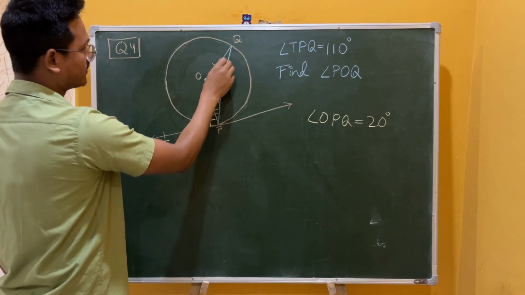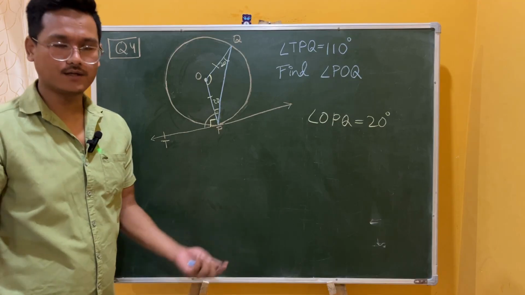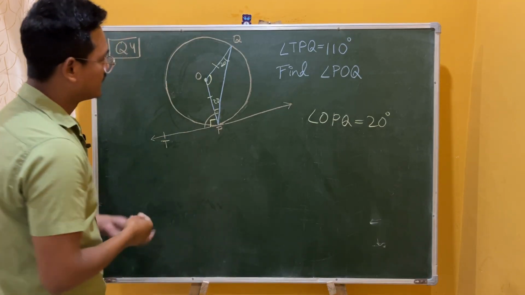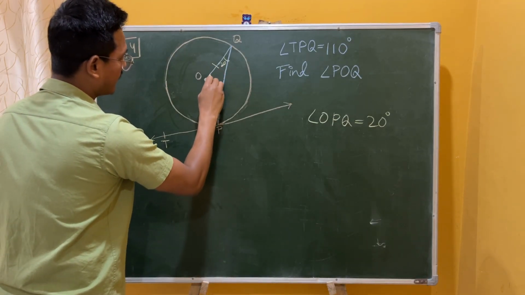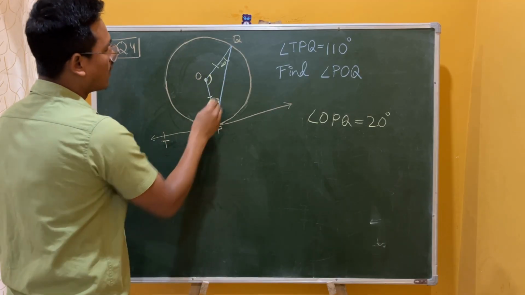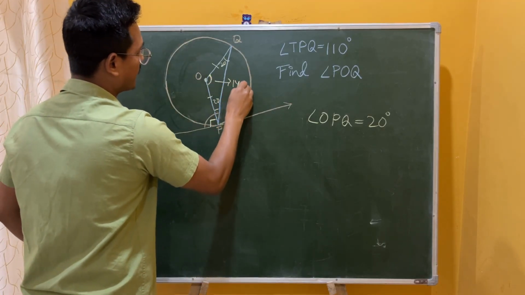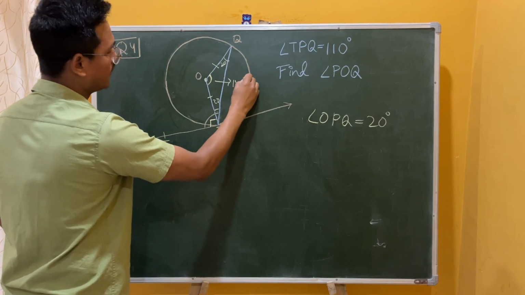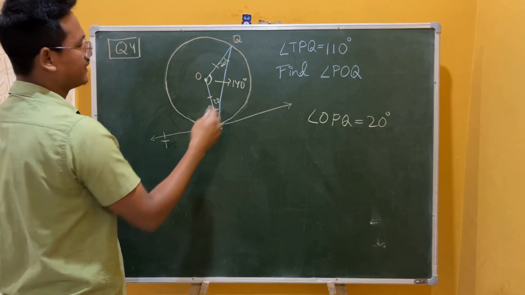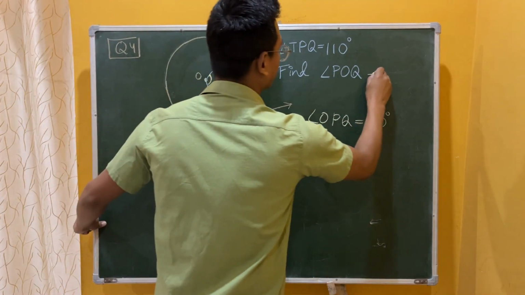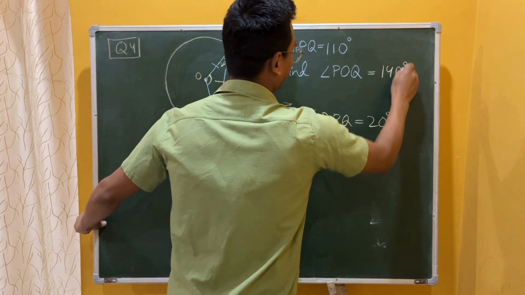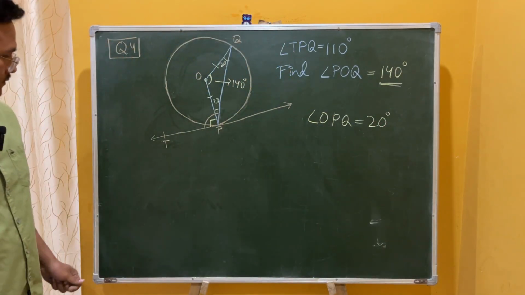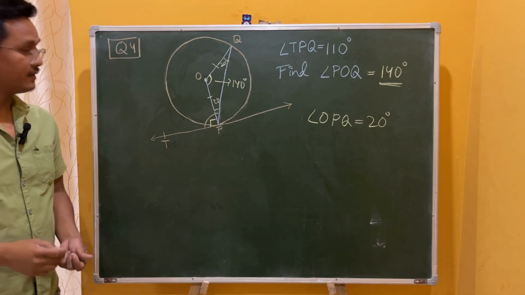So this is 20, this is 20, and the sum of the angles in a triangle is 180. So what will be the angle here? This one is 140 degrees. So 140 plus 20 plus 20 is 180. So this is 140 degrees. Let's do another one.